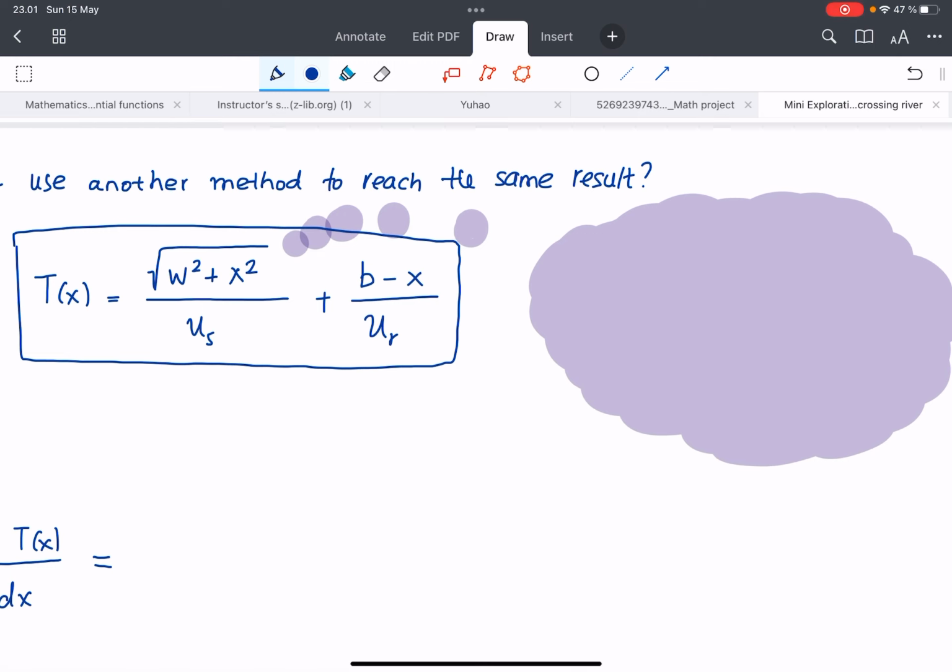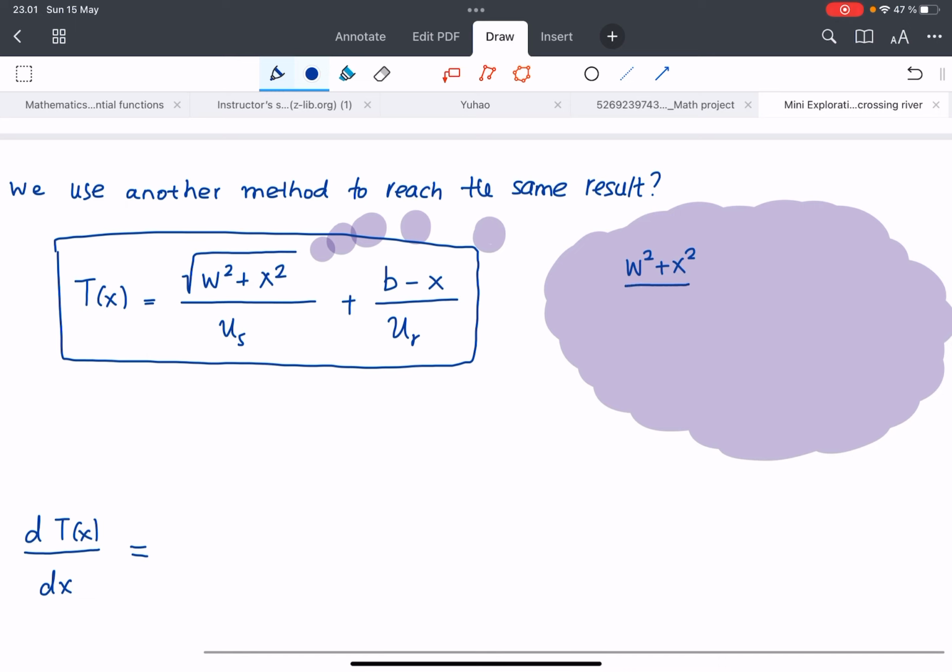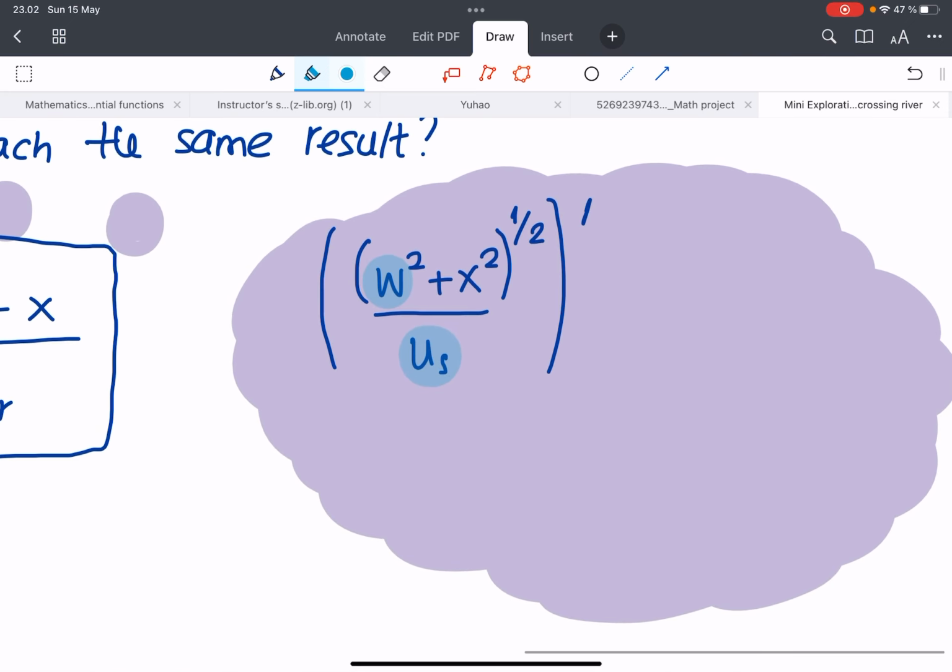Well, let's look at the first part here, where you have the square root of w squared plus x squared over vs, that's to the power of a half. Remember how w and vs are constant numbers. So when you take the derivative, the half would go in front.